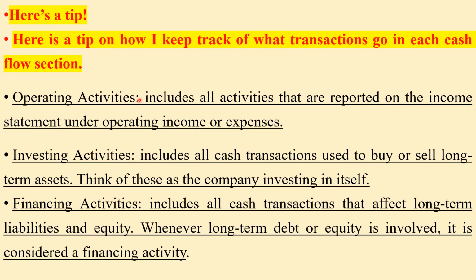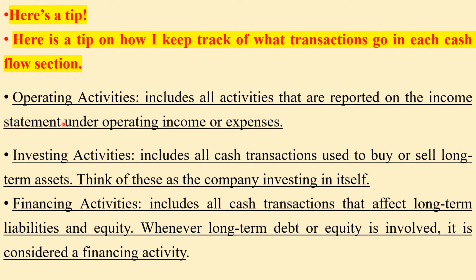So operating activities includes all activities that are reported on the income statement under operating income or expenses. Okay, so operating expenses you should base it from the income statement that is reported. As a financial manager, you need to require or examine the income statement.